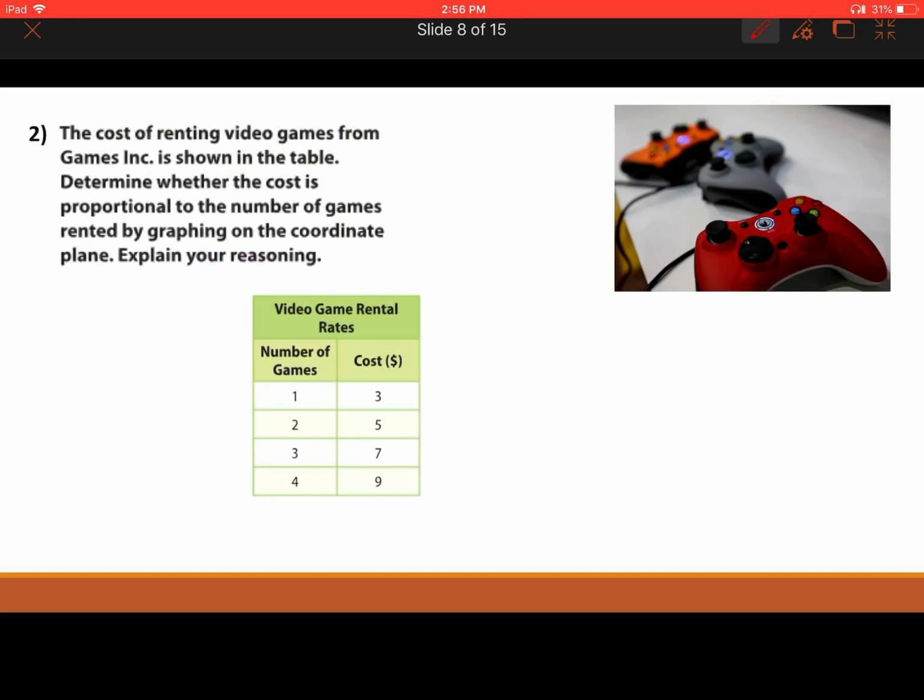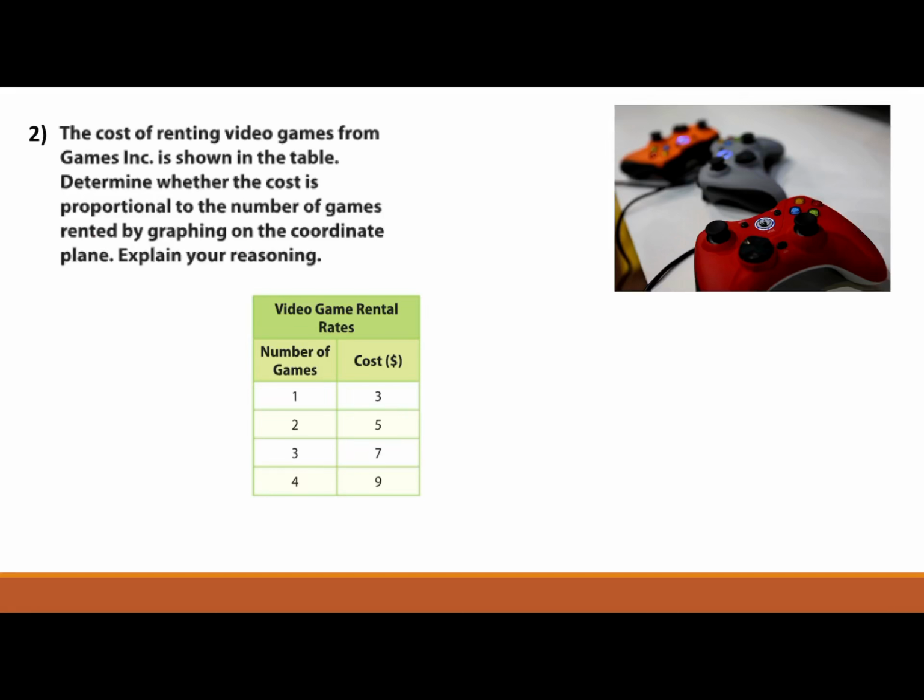All right, let's look at our next example. In our next example, the cost of renting video games from Games Inc. is shown in the table. So this table right here shows you how much it costs to rent games from this company.